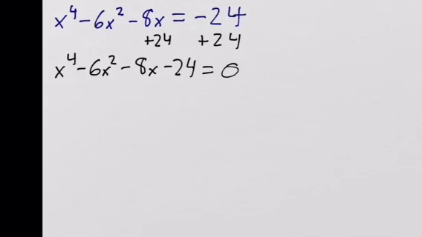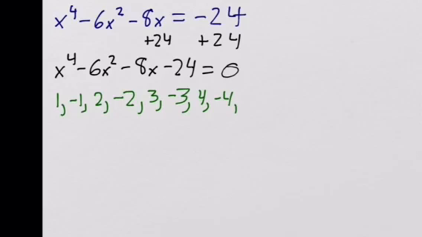Well, now we can start listing our possible zeros here, which would be 1, negative 1, 2, negative 2, 3, negative 3, 4, negative 4, 6, negative 6, 12, negative 12, 24, and negative 24.